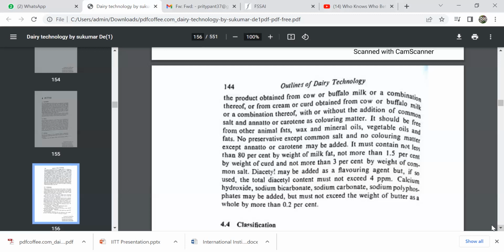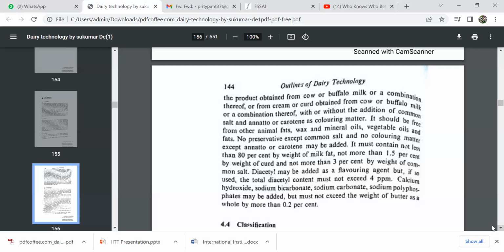This is an important point, you should remember that the preservative is only common salt in the butter, and no coloring matter except annatto or carotene may be added. Okay, it must contain not less than 80% by weight of milk fat. It is an important point.